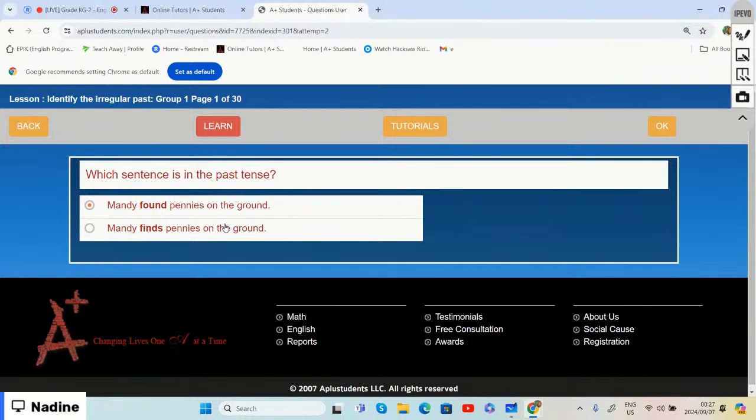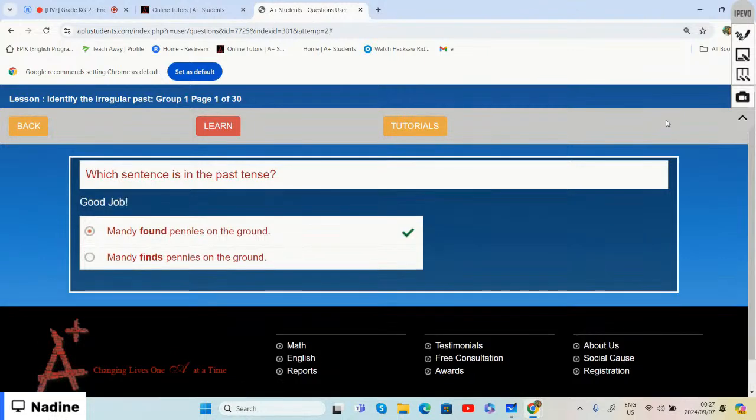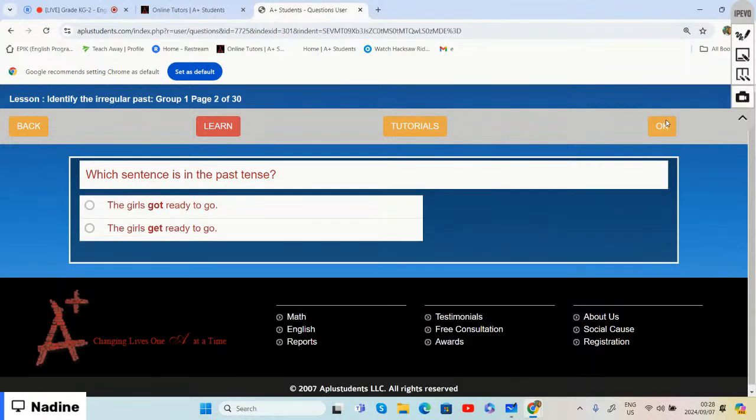Remember, the only reason there's an S for finds is that, as we said in one of our previous lessons, when we have a singular noun, we need a singular verb, and singular verbs end with an S. So Mandy finds pennies, but in the past we say Mandy found pennies on the ground. So found is the past tense of find, right?